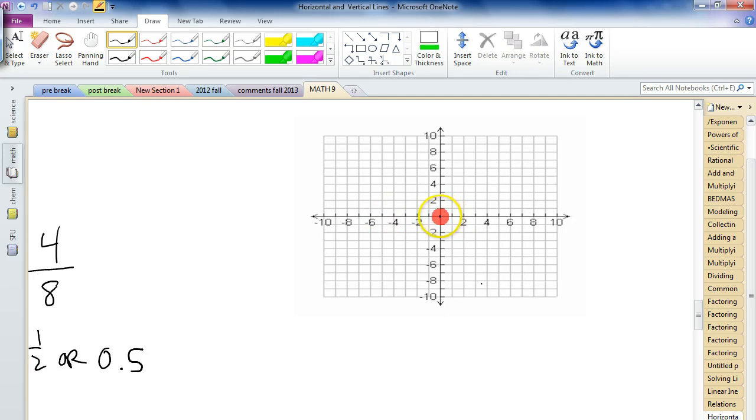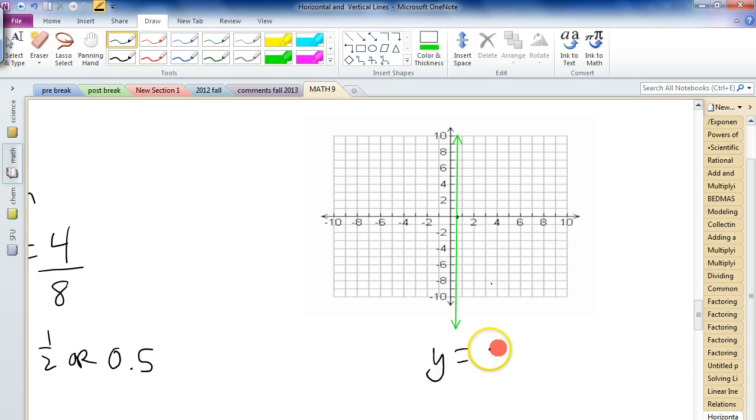There's 0, there's 1, so it would be right there. And you draw a line straight up and down, a vertical line, like that. That is x equals 1/2, or x equals 0.5, right there.